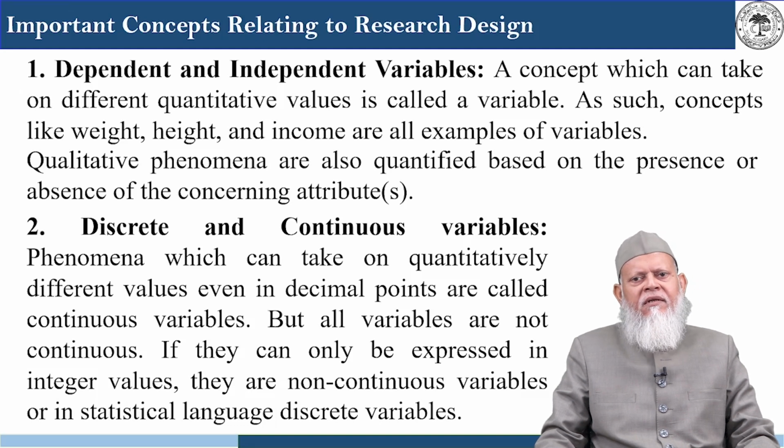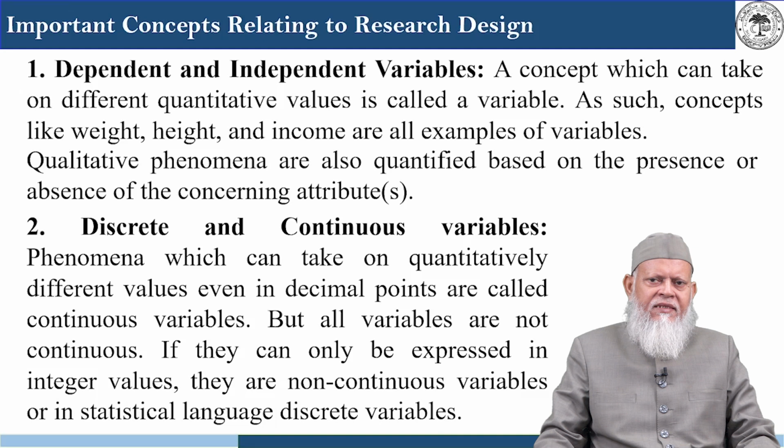I am not saying that it is always so. If we want to study the relation between poverty and crime, then poverty would be taken as the independent variable, whereas crime would become the dependent variable.